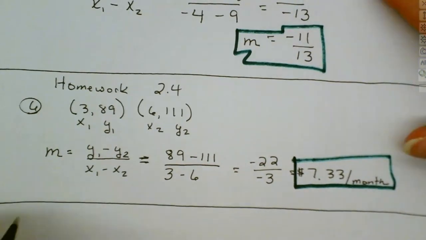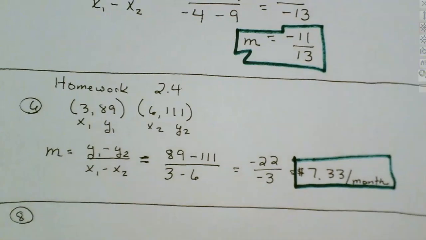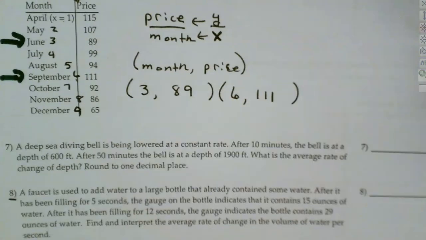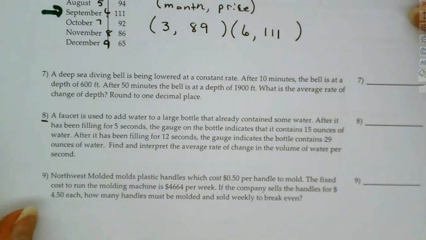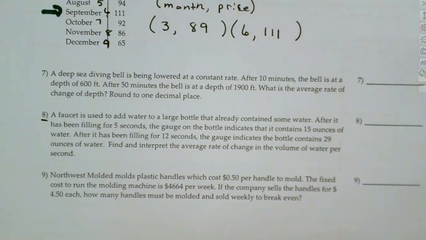A similar question is question 8. A faucet is used to add water to a large bottle that already contains some water.